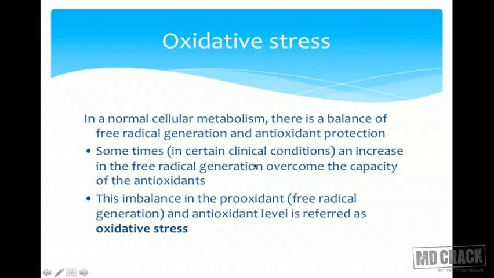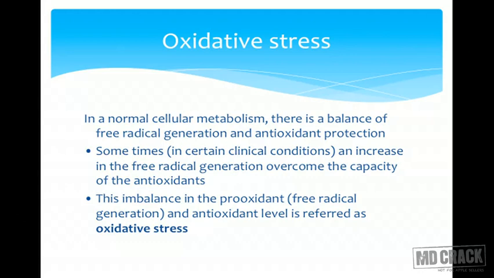But sometimes, especially in certain clinical conditions, it has been found that the free radical generation is more and the antioxidant capacity is less. The antioxidants are not able to scavenge all these free radicals. The result is the free radicals are going to do their damage. Remember, they are highly reactive. They can damage the DNA, all the proteins, the enzymes, the lipids, and cell integrity itself can be damaged.